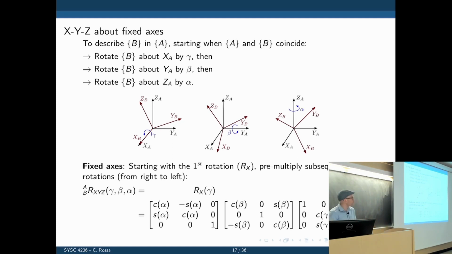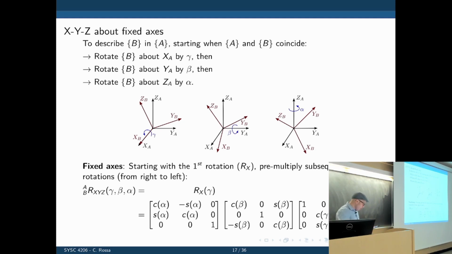About a fixed frame. So to describe B in A, you start when A and B coincide and then do a rotation about XA by gamma, then a rotation about YA by beta, then a rotation about ZA by alpha. And for these sequences of rotations, we can calculate the final rotation matrix by simply multiplying them in the correct order.